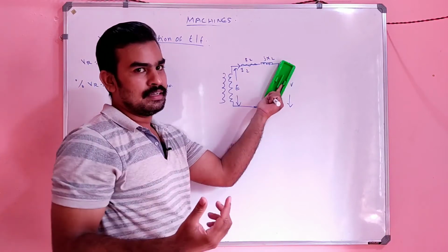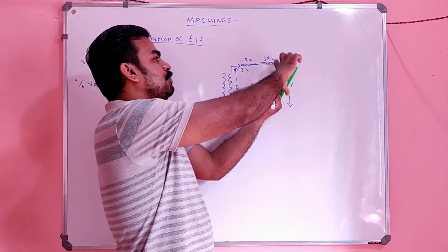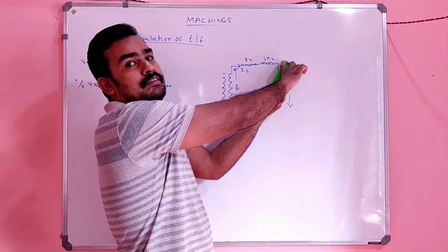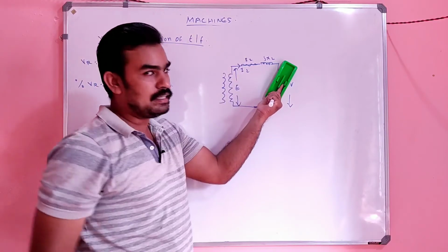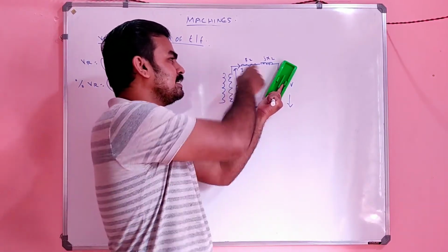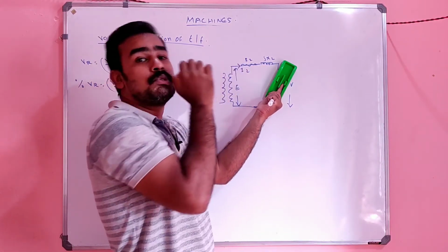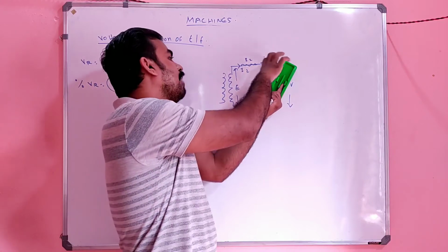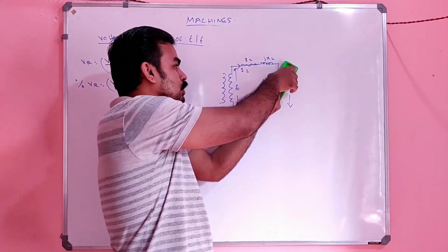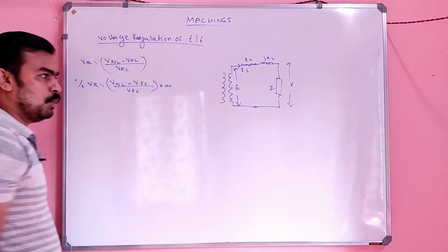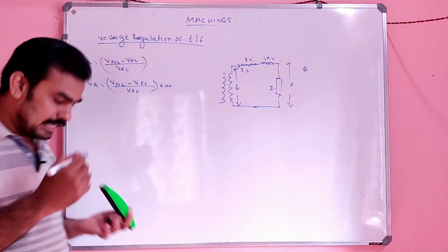Suppose you measure the terminal voltage with a voltmeter across these two terminals; you will read a voltage of E. That is the condition of no load. That means the whole voltage induced in the secondary will be available across the terminals or load side. So the no load voltage, ENL, is nothing but E.